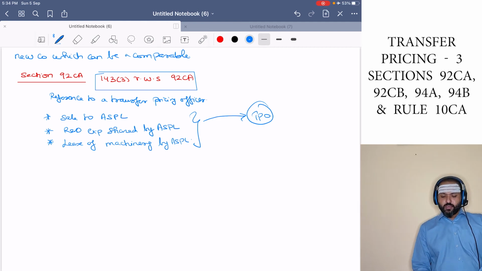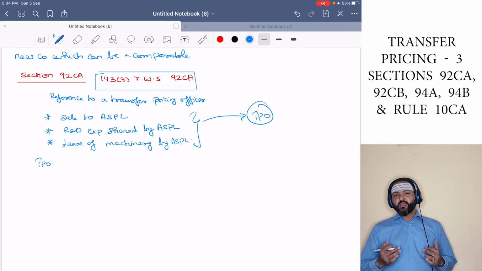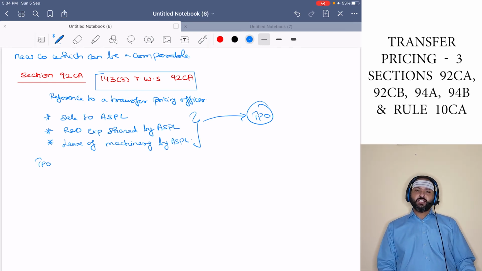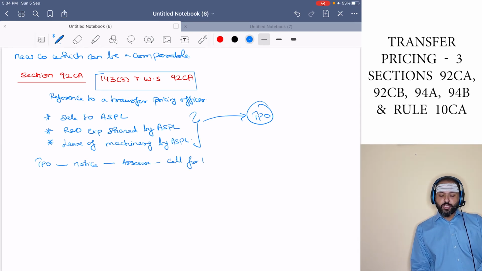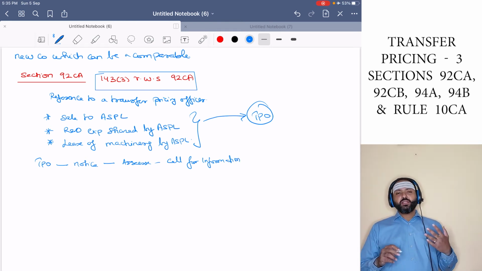So what will happen? The transfer pricing officer, on receiving the intimation from the assessing officer, will send a notice to the assessee, and he will call for information. Now, what will the assessee do?